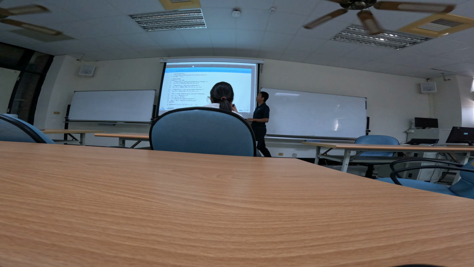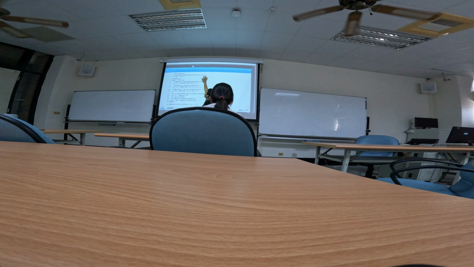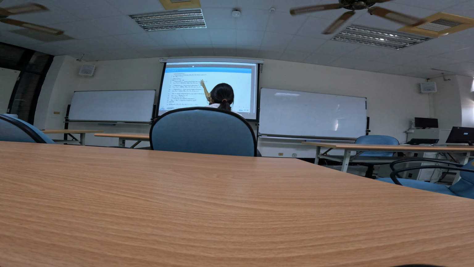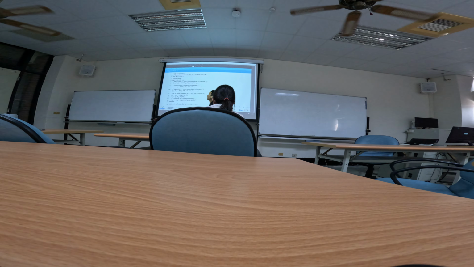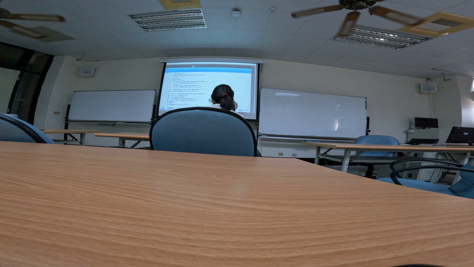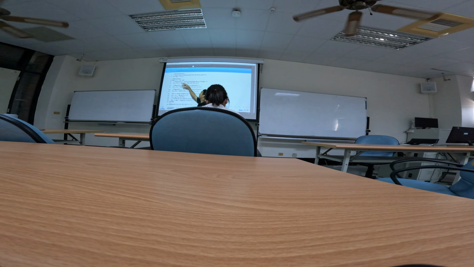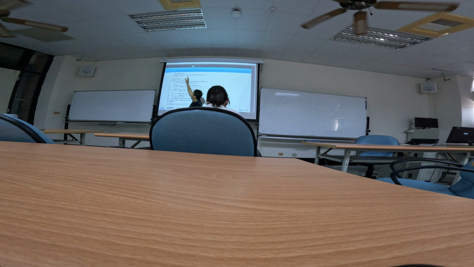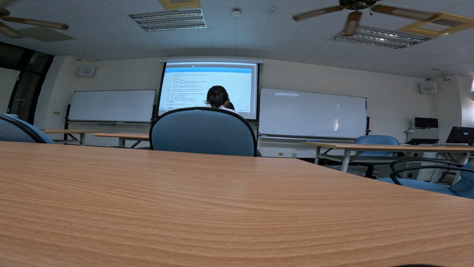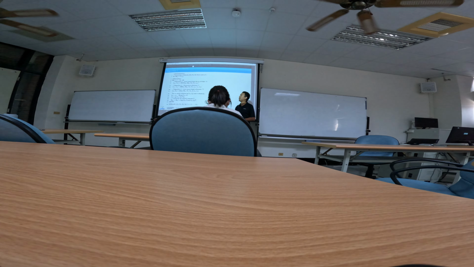First we generate the codebook, as I told you before. Second, we define the initial channel as equal to 0, and we also define the initial layer. The initial layer we can define by ourselves.